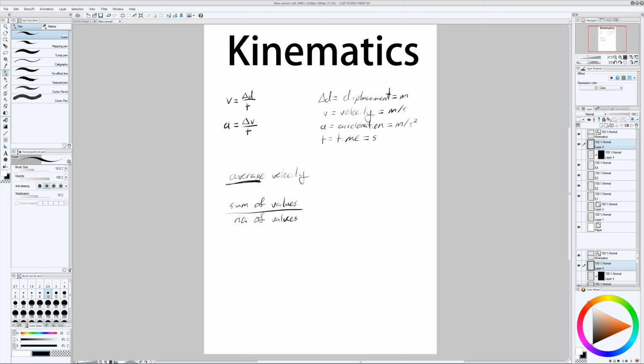So let's say I wanted to get the average height of an entire class. I would record every single person's height, and then I would divide the sum of everyone's heights added together by the number of people in that class. So we've got the sum of values divided by the number of values.